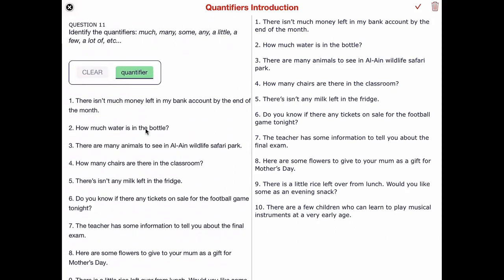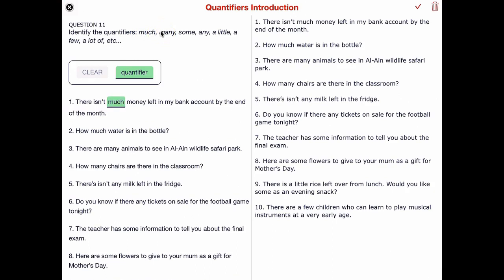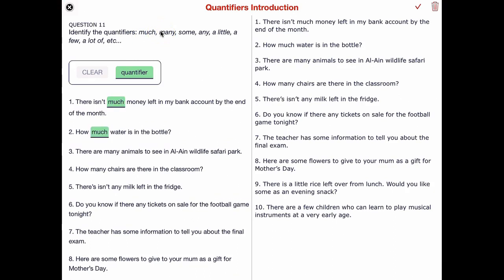But first, what we're going to do is we're going to identify the quantifiers. And we've got a list up here: much, many, some, a little, a few, a lot, etc. Much, much. And look, so there's a negative sentence and a question, and they both use much.